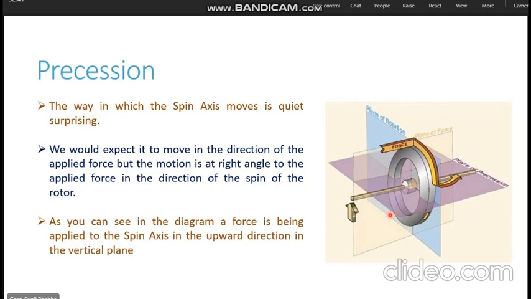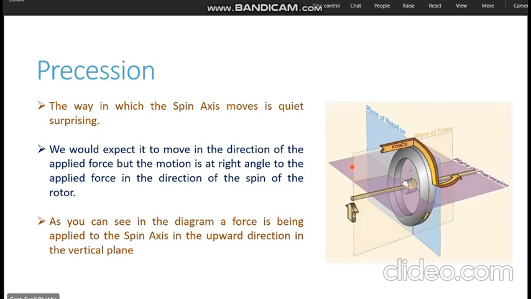As you can see in the diagram, this arrow represents the force which is being applied. On this end of the spin axis, we are applying a force in the upward direction, that means in the vertical plane. We would expect the spin axis to move upwards.